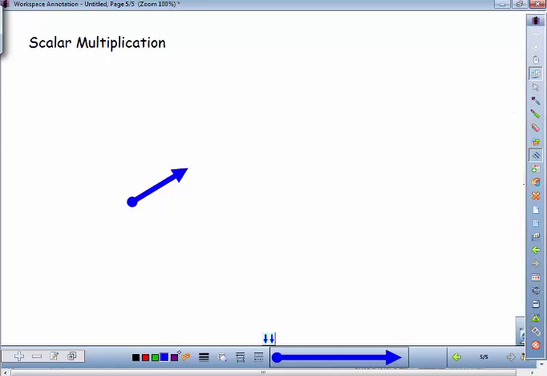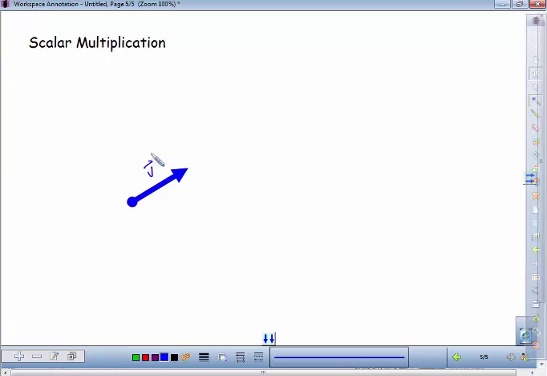So let's say we have a vector v. A scalar multiplication takes a number, a scalar, and multiplies it with a vector. Let's take, as an example, 2v. What's 2v going to look like? Numerically, scalar multiplication is like a distribution of the scalar onto the different components.